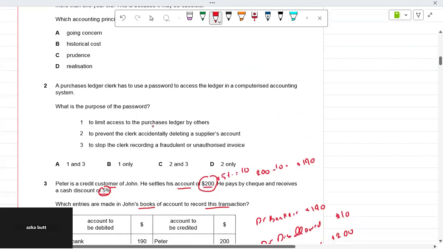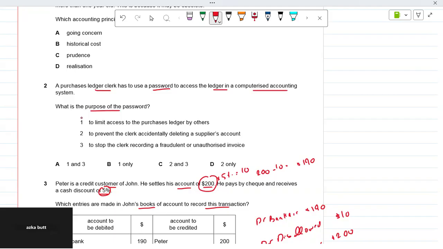Now let's see question number 2. A purchases ledger clerk has to use a password to access the ledger in a computerized accounting system.